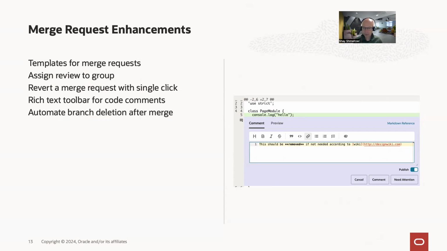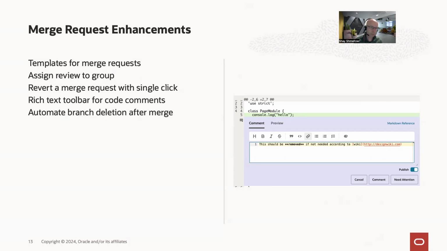One of the things we introduced now is the ability to have templates for those merge requests. When you're creating a merge request, some organizations have specific information that they would like you to provide, and we now have the ability to define a template at your project level for those merge requests.